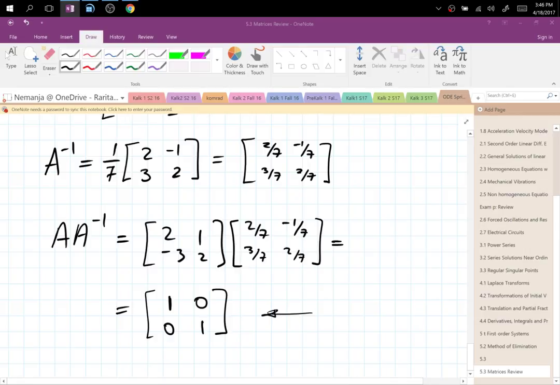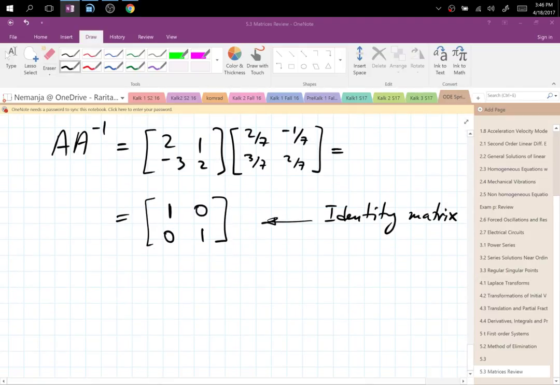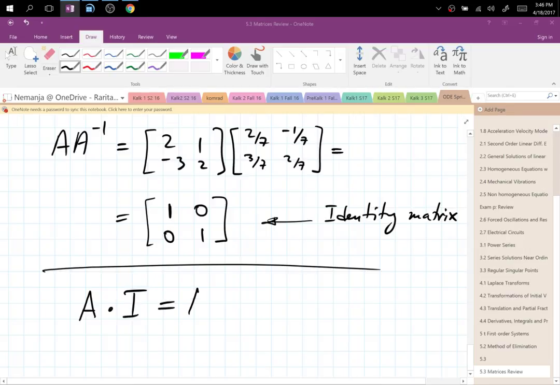This is known as the identity matrix, with these ones on the diagonal. And identity matrix plays the role of number 1 from your regular life. All right? So if you are to multiply matrix A times identity matrix, you will get that matrix A back.